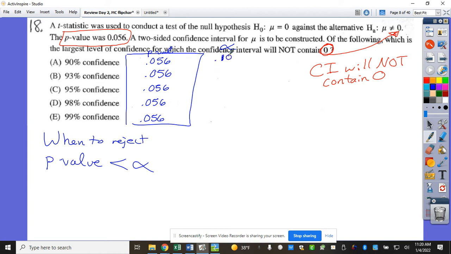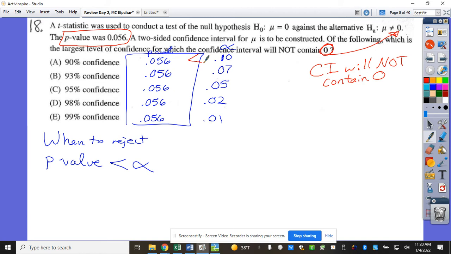So this is what's between, so how much is not between this 10? So here would be 0.7, 0.5, 0.2, and 0.1. 0.056 is what to 0.10?